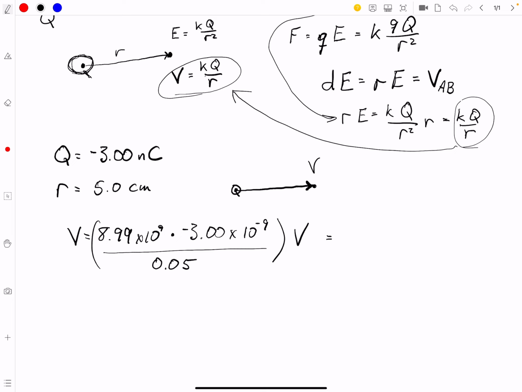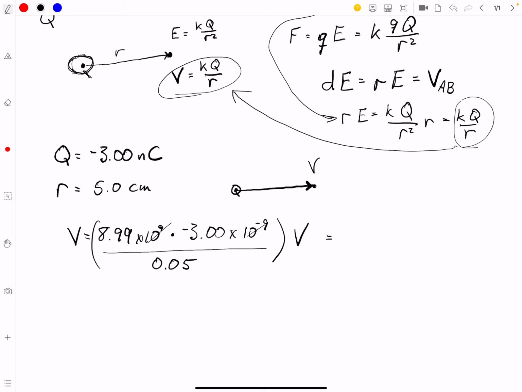So what do we get when we do that? Do I need to get my calculator out? No. Well, first of all, the powers of ten are gone. So all we have to do is multiply the minus 0.3 times the 9 and divide by the 0.05.